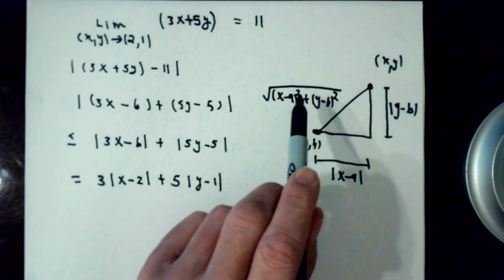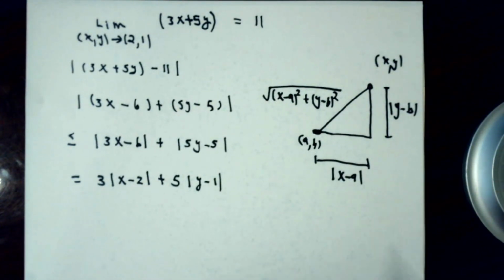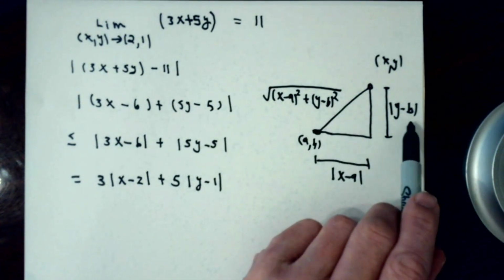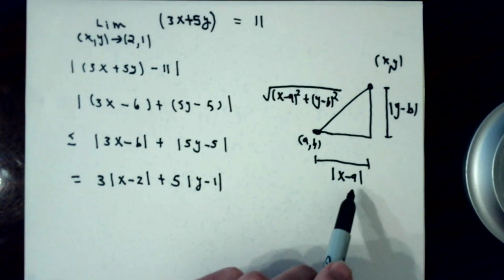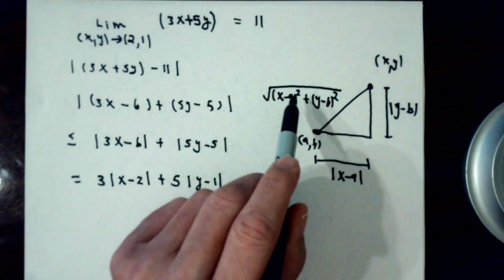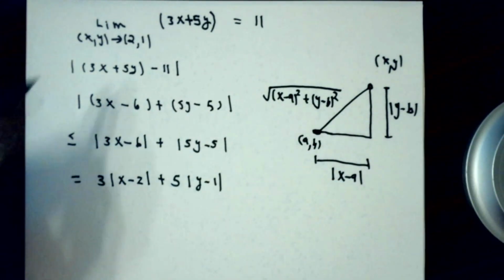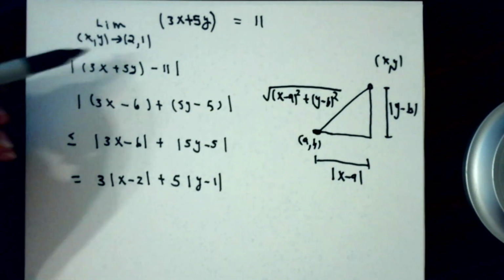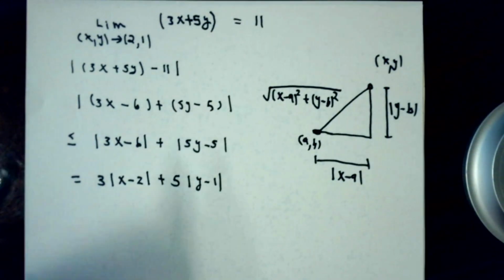This distance is bigger than the absolute value of x minus a. In an exactly similar way, the distance is bigger than the absolute value of y minus b. Those two things tell me that |x minus a| is smaller than or equal to the distance, and so is |y minus b|. I've got a point (x, y), I've got another point (2, 1). This is how I'm going to relate this to the distance.